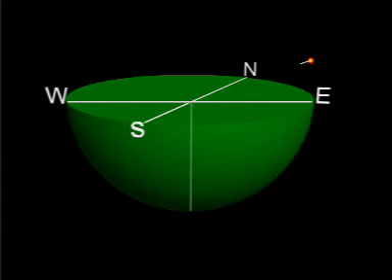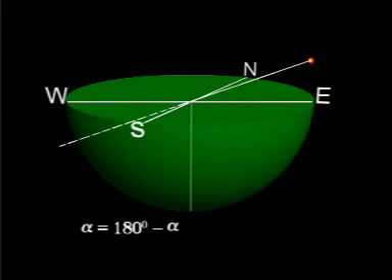Now, to take into account the upcoming waves when beta becomes more than 90 degrees, we make corrections in alpha as alpha equal to 180 degrees minus alpha, while beta becomes 180 degrees minus beta. We plot these points on the lower hemisphere and project them on the stereographic net.